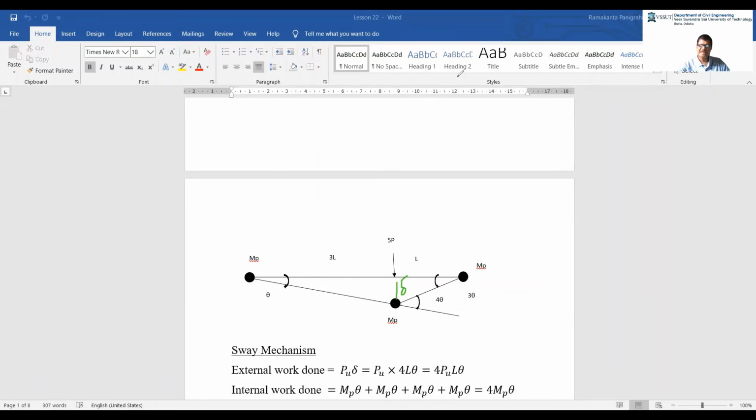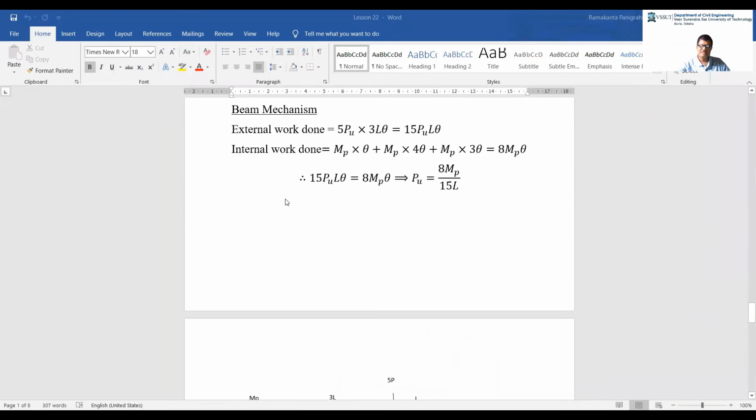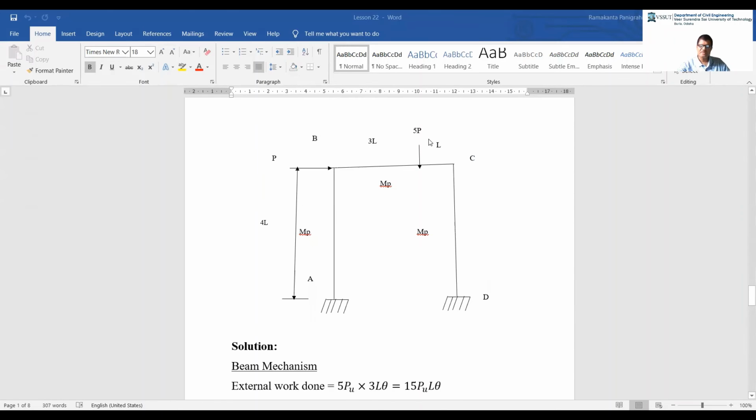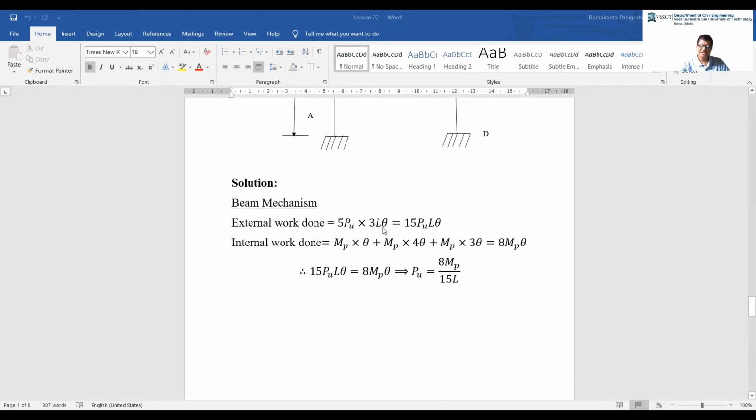You can see here 8 MP theta in the calculations. 8 MP theta is equal to load 5 PU, delta is equal to 3L theta. The load is 5 PU; it is not PU, it is 5 P. P becomes PU when collapse occurs. So 5 PU into 3L theta, 15 PUL theta is equal to 8 MP theta. So PU comes 8 MP by 15L.